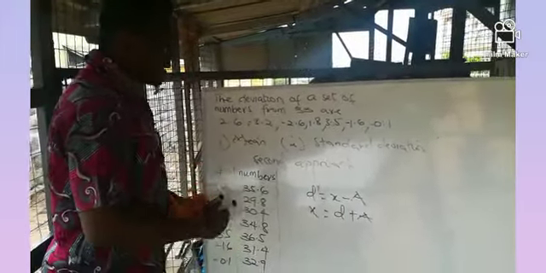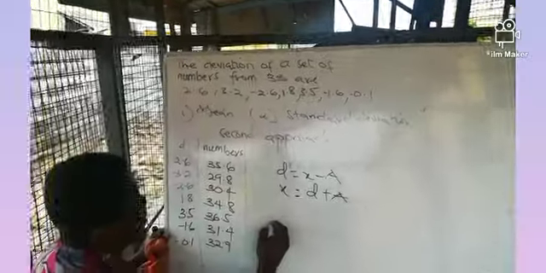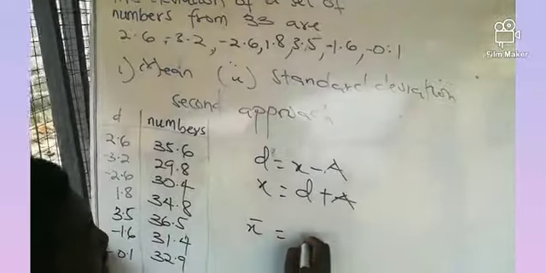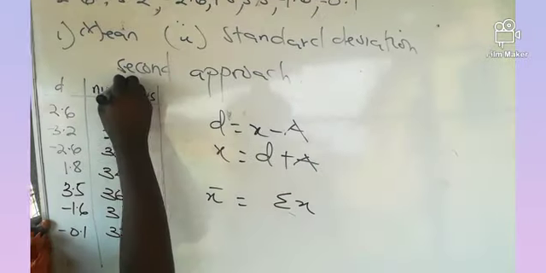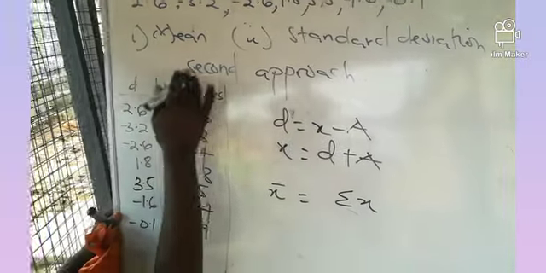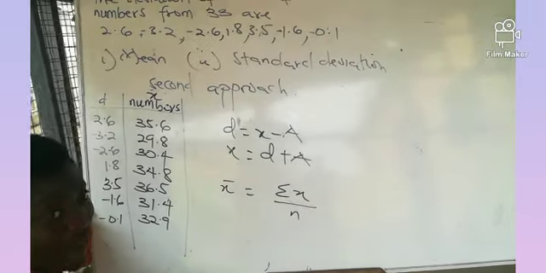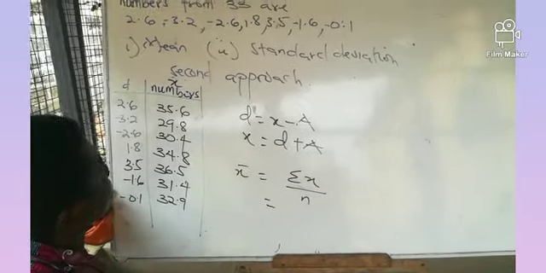So after getting this, if you want to find the mean, it is just equal to summation of x. Remember, the numbers are what we call x. So summation of x divided by n. What will be our summation of x?